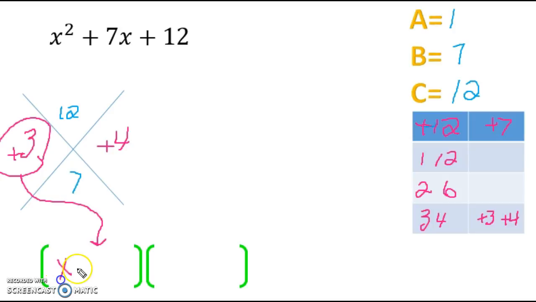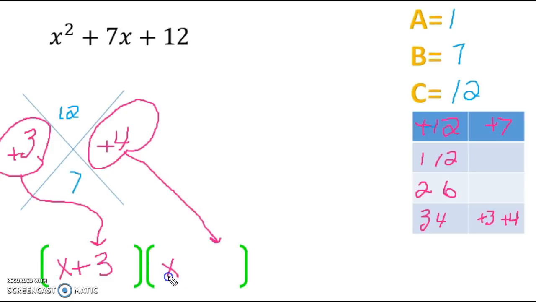So it's x plus 3 for our first binomial, and x plus 4 for our second binomial. These are our two factors for our quadratic. Let's try one more.